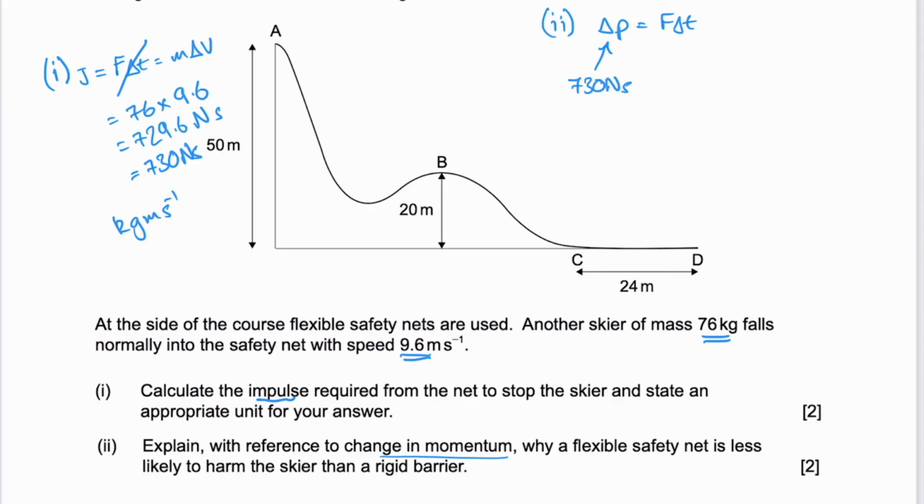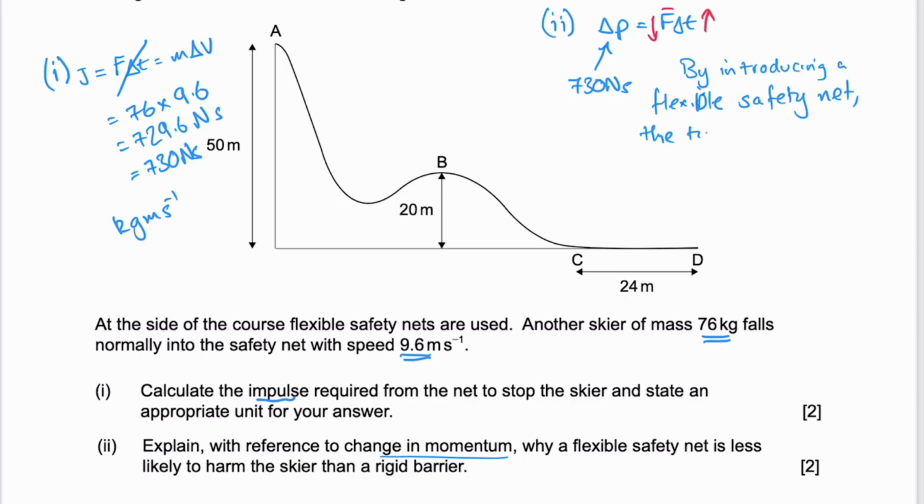But what can change is how long it takes to make that change in momentum. If we increase the time it takes for the change in momentum to occur, that decreases this average force felt by the skier. And a smaller force means less harm. So we want to write that down by introducing a flexible safety net.